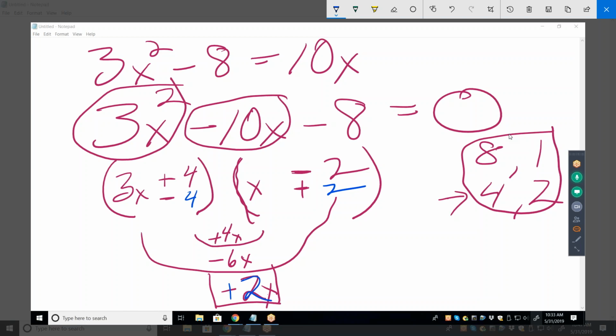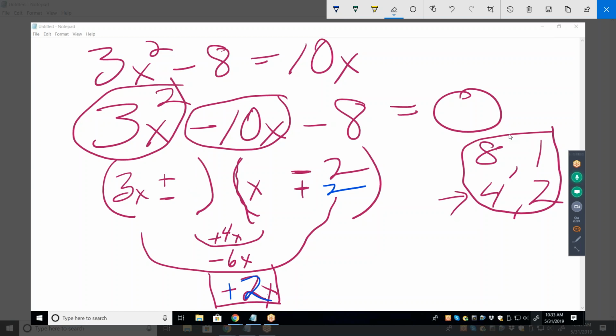So I don't need to try that combination. That's what I'm saying. By trying this first combination with 4 on the left and 2 on the right, I've eliminated 2 of the things I have to try.